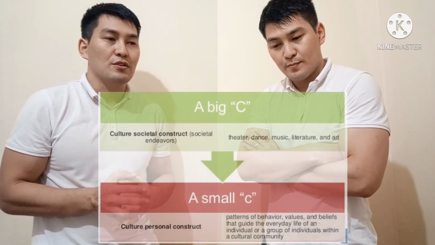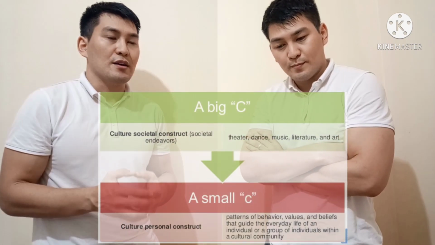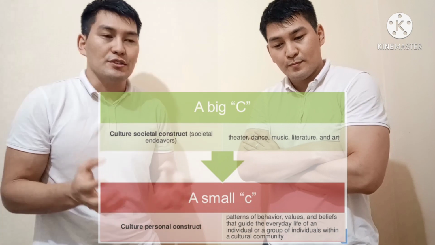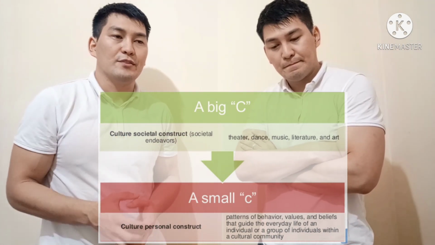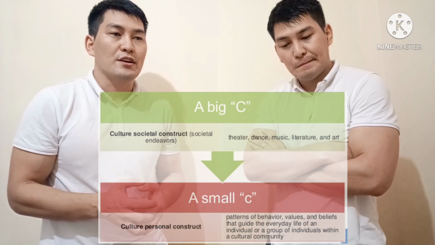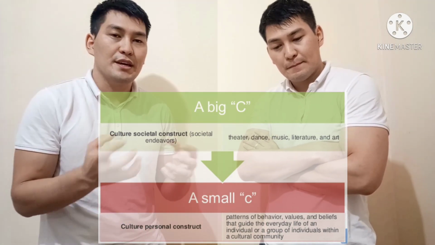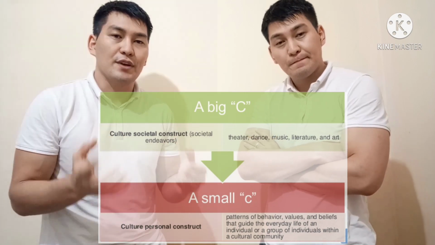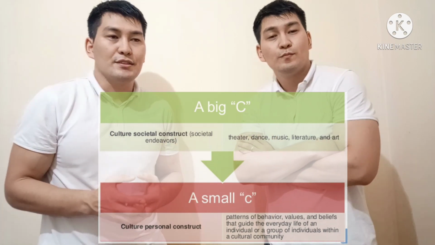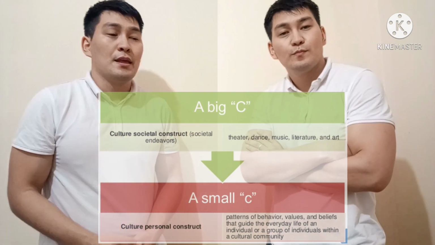Big culture means the big culture of the language, like music, art, traditions, or the culture itself of that language or the nation. And what is small culture? The small culture is the culture of personality or behavior of that society, how they behave in the family or among friends, how they use the language in the streets, in the family, or at a job.